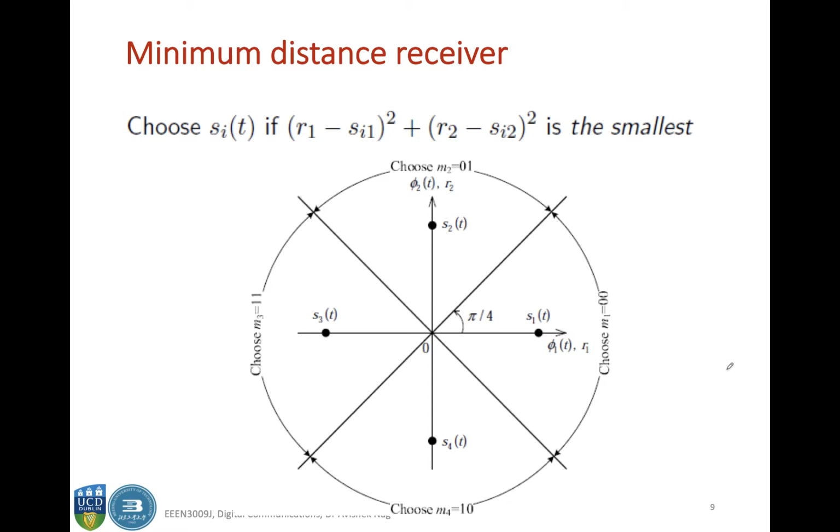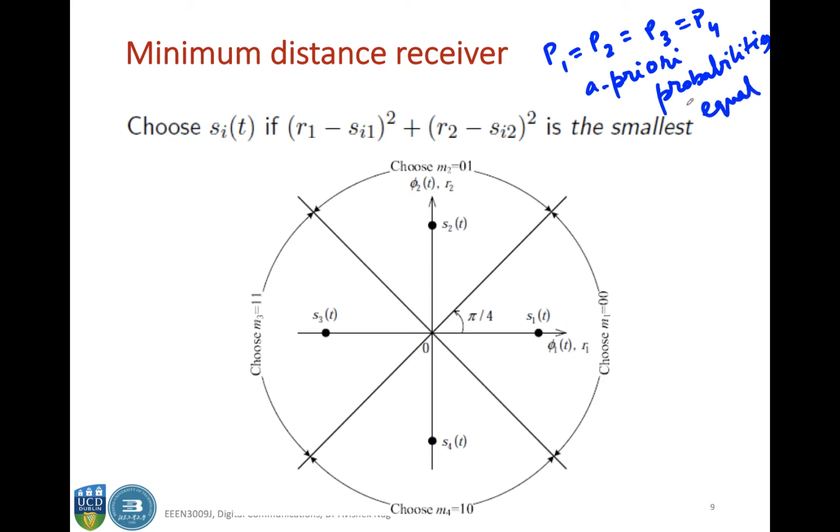And if, let's say, your input symbols are equally likely, in other words, if P1 equals P2 equals P3 equals P4, all the a priori probabilities are equal, then you end up having this rule as the optimum decision rule.